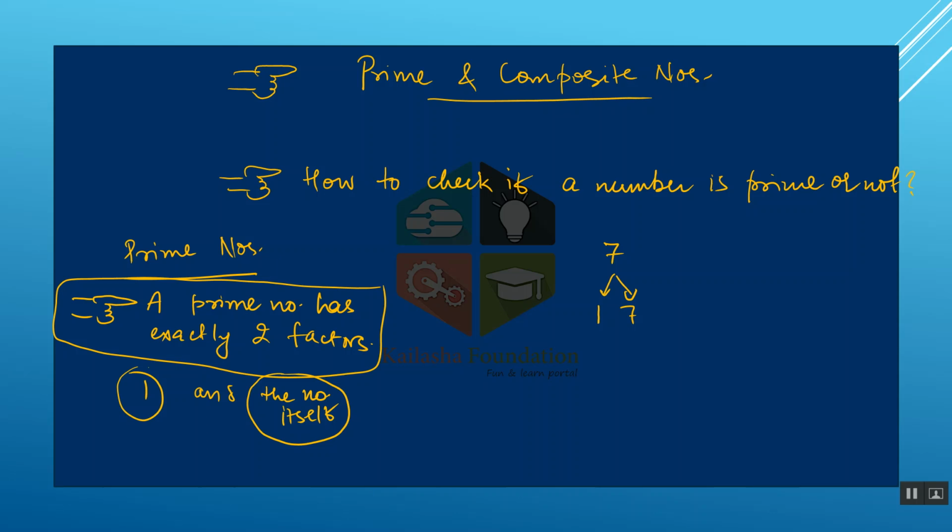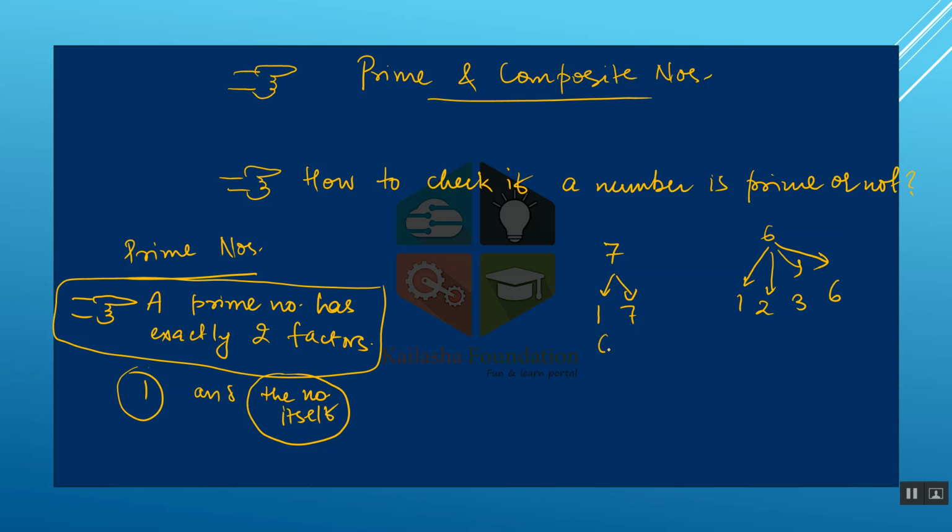We see that 6 is not a prime number because it has more than two factors: 1, 2, 3, 6. It has four factors. So if 6 is not prime, what is 6? 6 is a composite number.